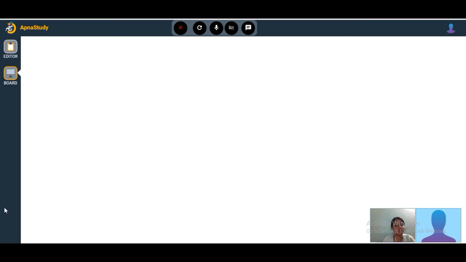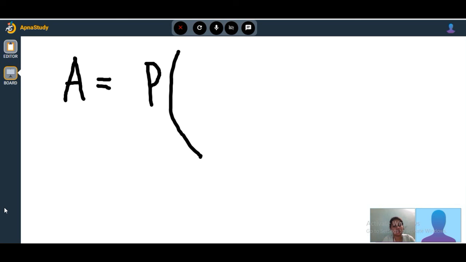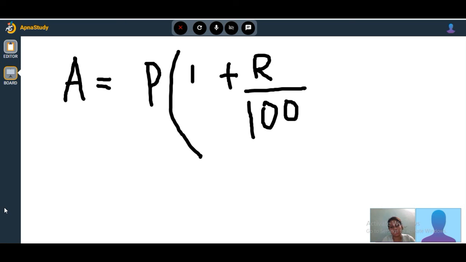So the formula for the compound interest is A is equal to P into 1 plus R by 100 to the power n, where P stands for the principal, A stands for the amount after n periods, and R stands for the rate of interest.